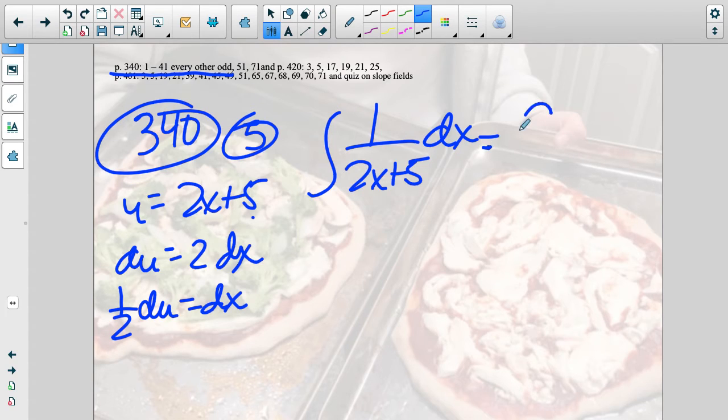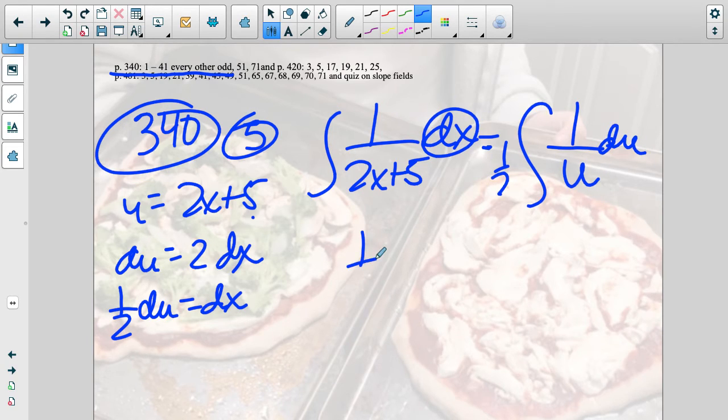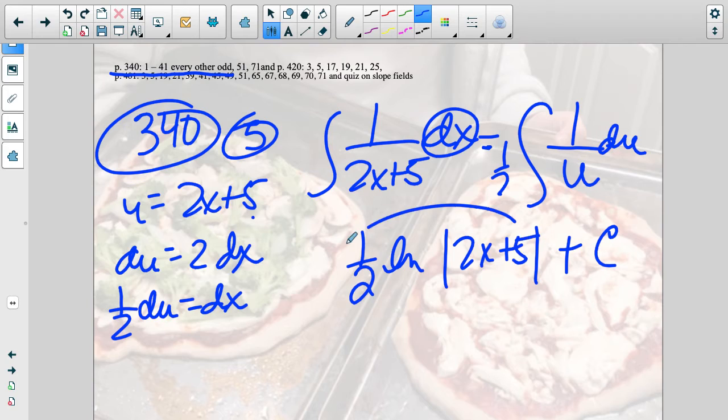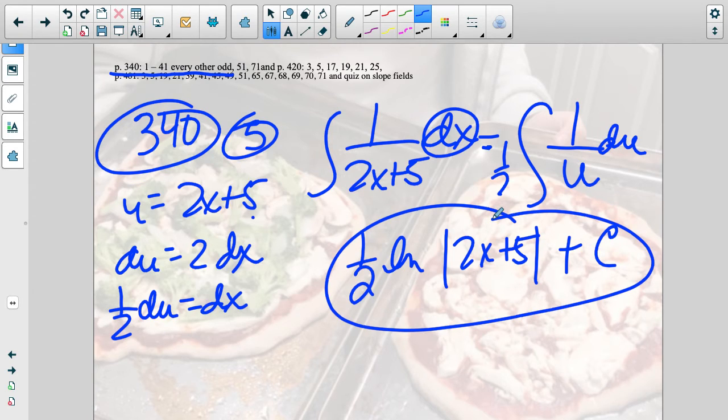So now this gives me the integral of 1 over 2x plus 5, and dx is 1/2 du. So this is 1/2 ln u plus c. And that's the answer. All right, 5 is done, I'm going to number 9.